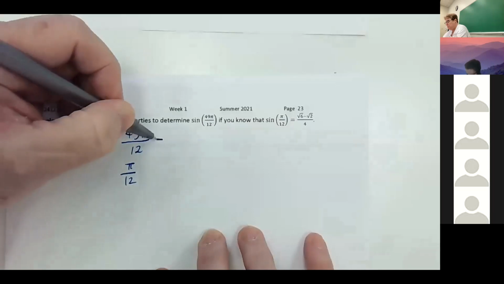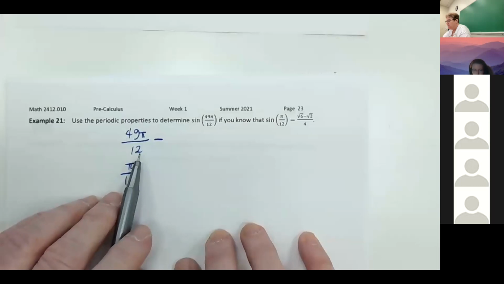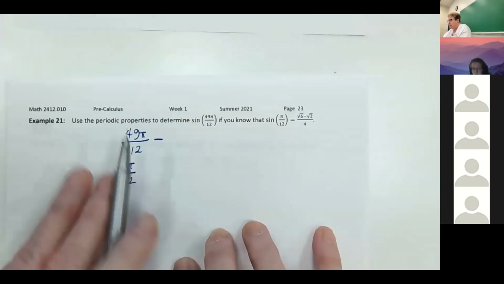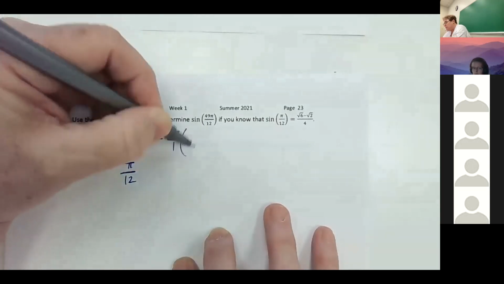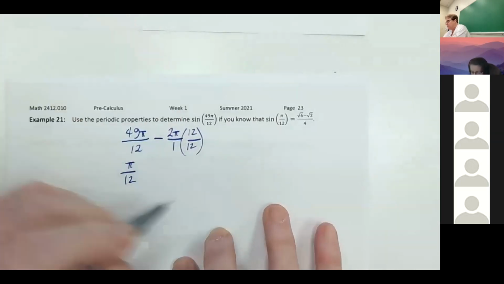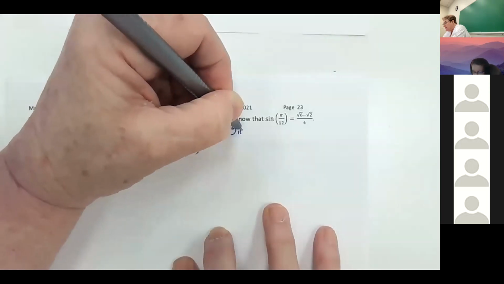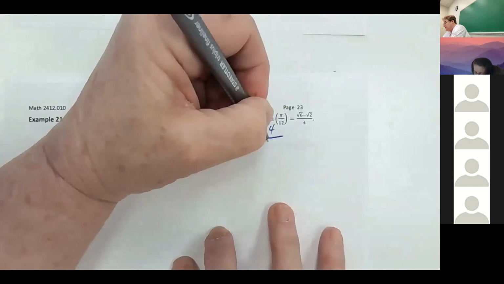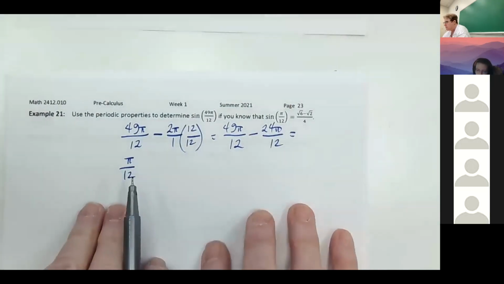Well, we've got a denominator of 12, so we have to get a common denominator, really, to see what's happening. So we've got 49 pi over 12 minus 24 pi over 12. What does that leave?